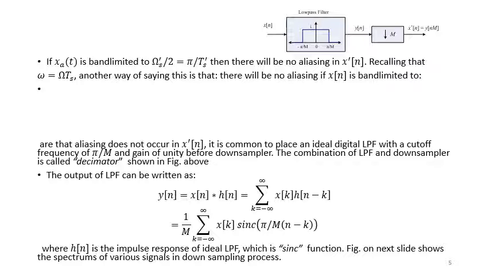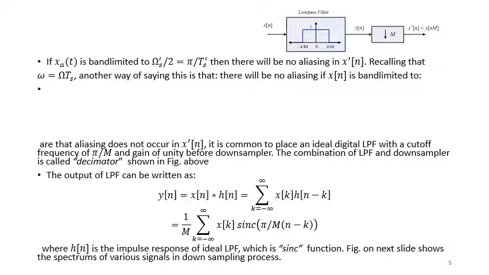To find it, let's write again the equation. If the frequencies in the input analog signal are band limited to omega s prime by 2, then there will be no aliasing.